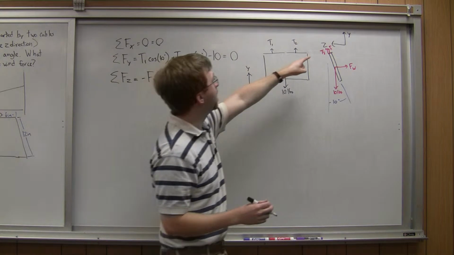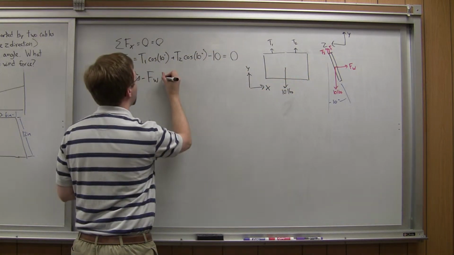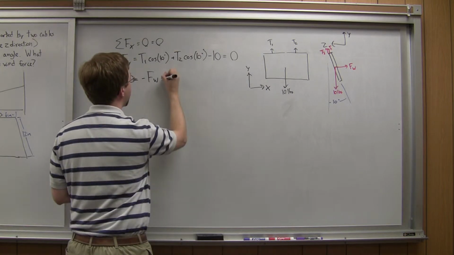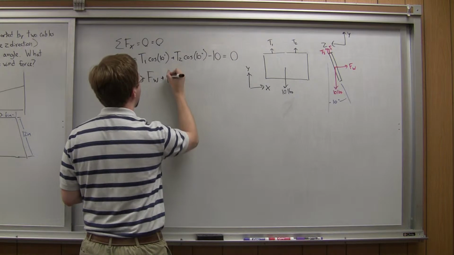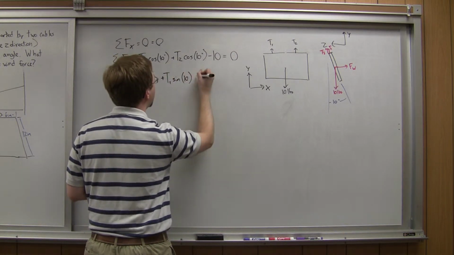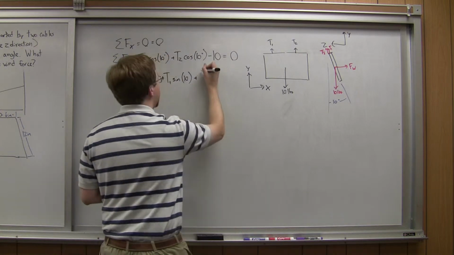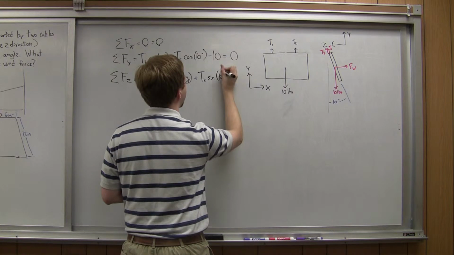And I again have a component of these tension forces. So this is going to be positive. Remember, this direction is positive z. So plus T1 times the sine of 10, plus T2 times the sine of 10.